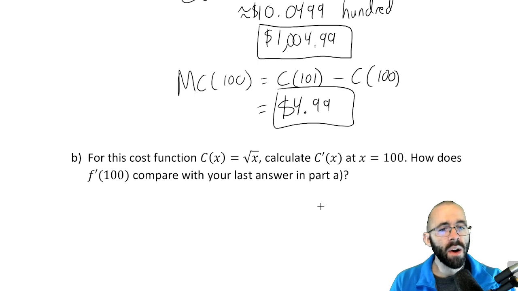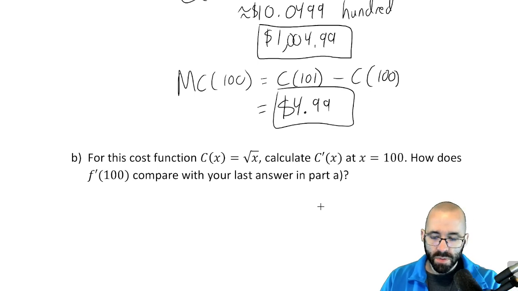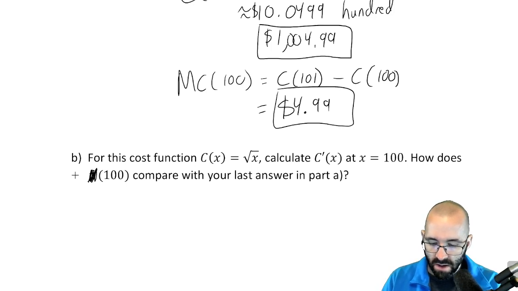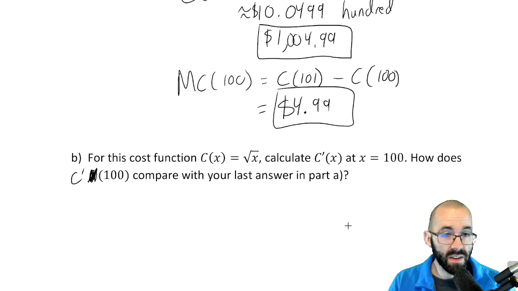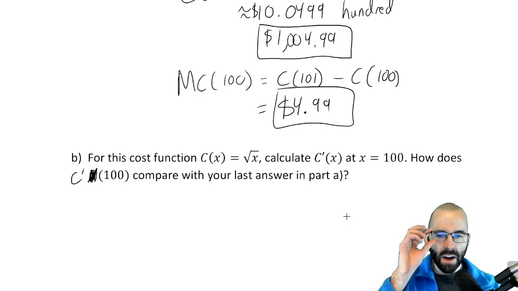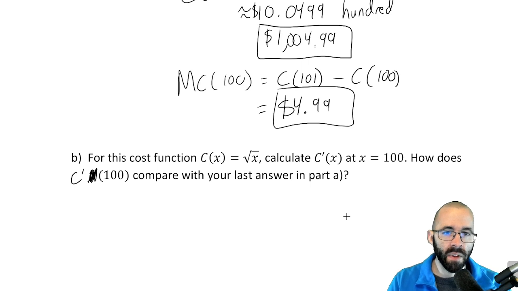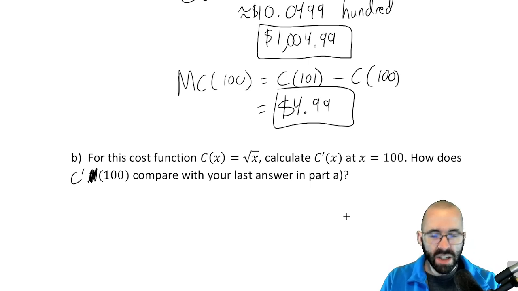Now let's use the marginal cost implementation. Oops, I forgot to update this. Should say C prime, okay, not F prime. I renamed it C. Well, C prime of x, we need the derivative.